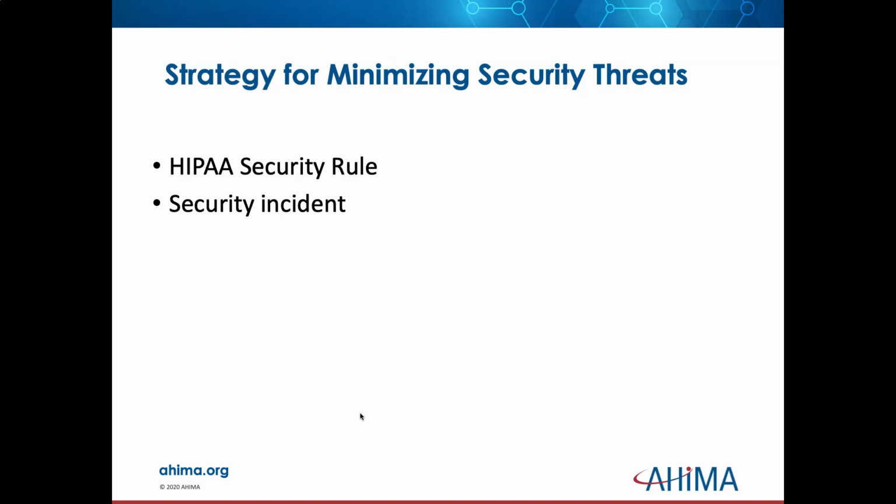The chief security officer is also responsible for making sure that the organization is following HIPAA's security rules, and there are quite a few of those. And on page 292 in your book, it talks about how the HIPAA security rule established a national standard for protection of individually identifiable electronic health records, that PHI we talked about in the last chapter.